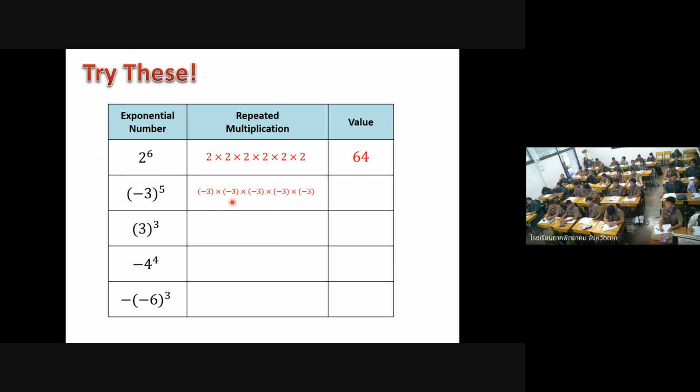Negative 3 times negative 3, 9. 9 times negative 3, negative 27. Negative 27 times negative 3, 81. 81 times negative 3, negative 243.